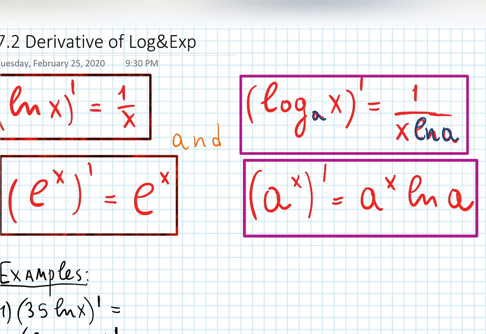If you have a to the x versus e to the x, it's still going to copy itself, like e to the x copies itself. But then don't forget to multiply by ln of the base a. That's the difference.